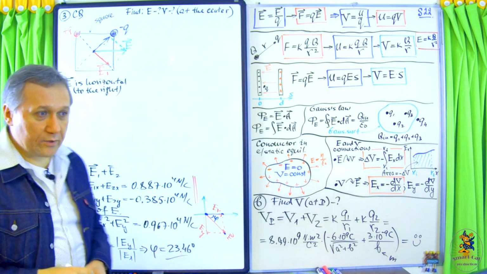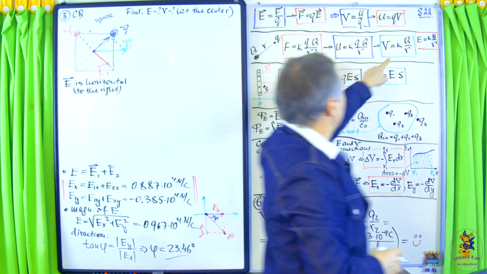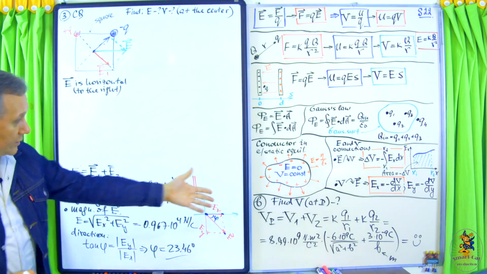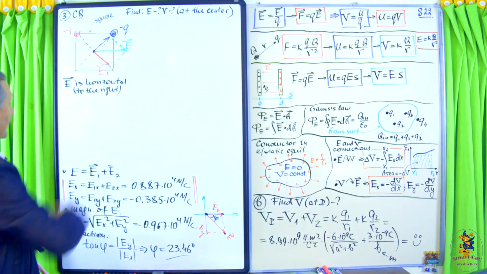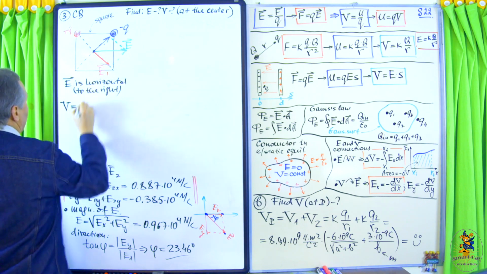Then if you are interested in the net electric potential, KQ over R. And of course, we need to apply that twice, like what we did over here. But now it's conceptually V equals to what?